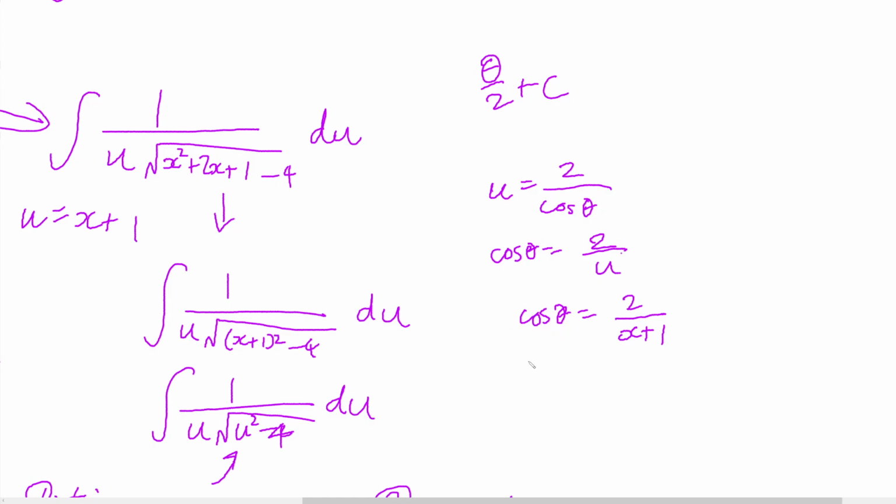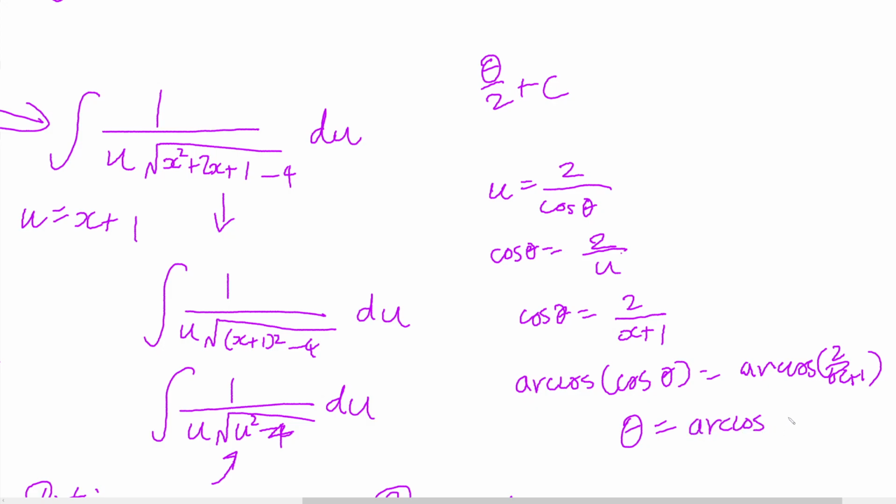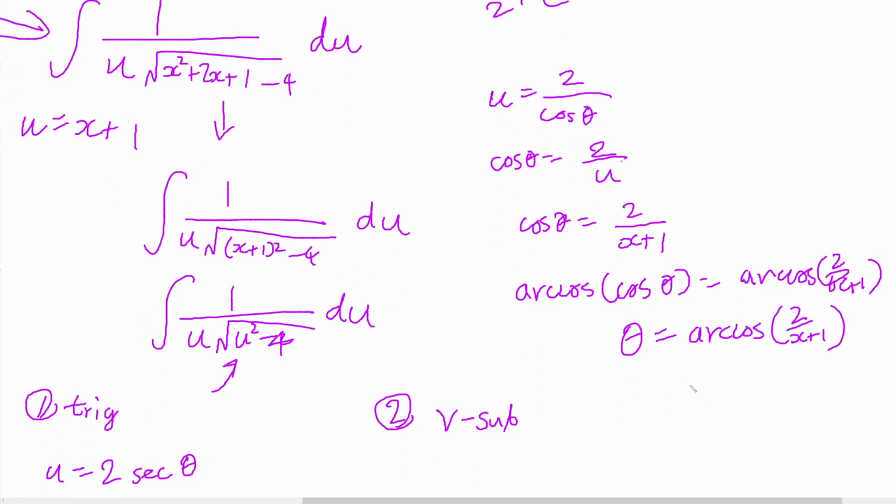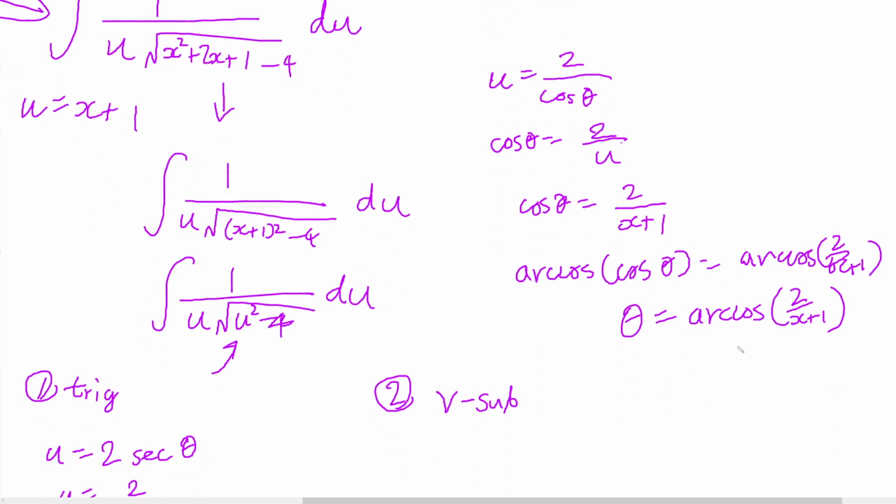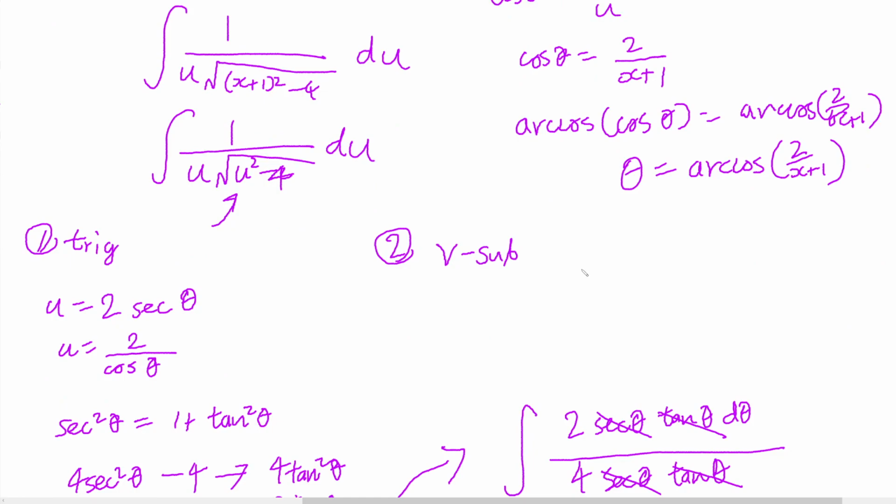Arccos of cos of theta is just theta, and on the other side we have arccos of 2 over x plus 1. So theta is arccos of 2 over x plus 1. And of course that's divided by 2 plus c to get the final integral.